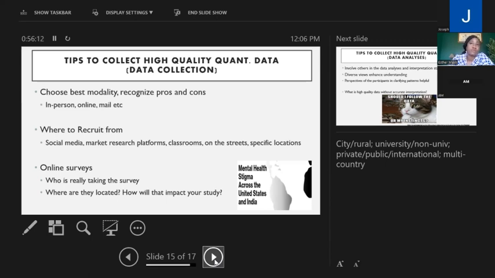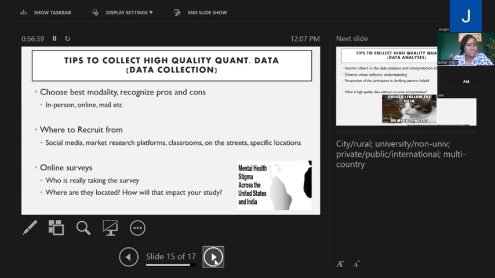We typically say that participants should be, especially if your research question is for adults, 18 and above. But on these platforms, are there participants who are below 18? Is it possible that they will take the survey and say they are 18? Now, that also bridges into ethical issues, right? At the same time, it dilutes your responses if you're having individuals who do not qualify, but they have easy access to the survey.